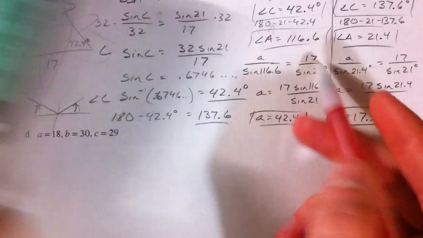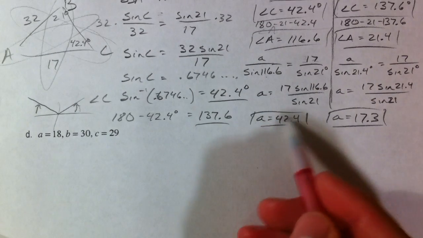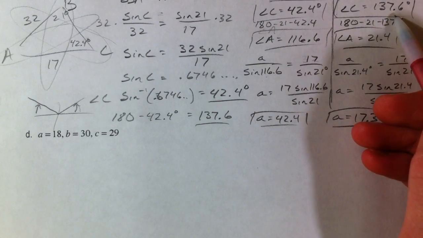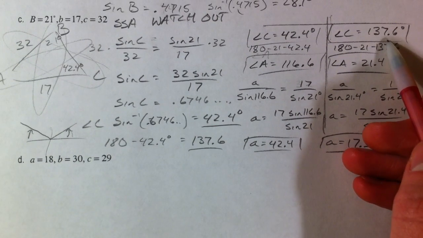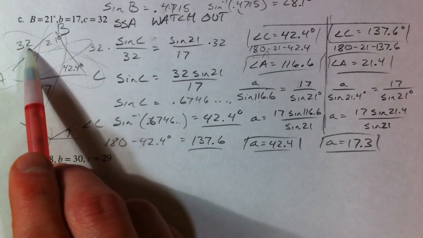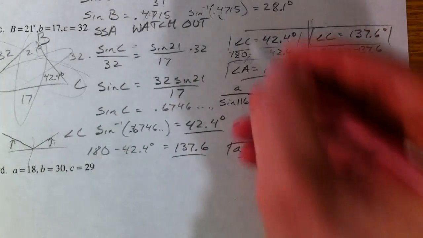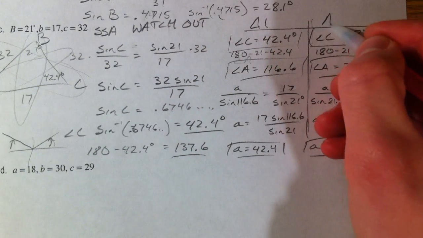And so if the biggest angle is across from A, that means A will be the longest side. If C is the biggest angle, C will have the biggest side, which was 32. So there you have it. Triangle 1, triangle 2.